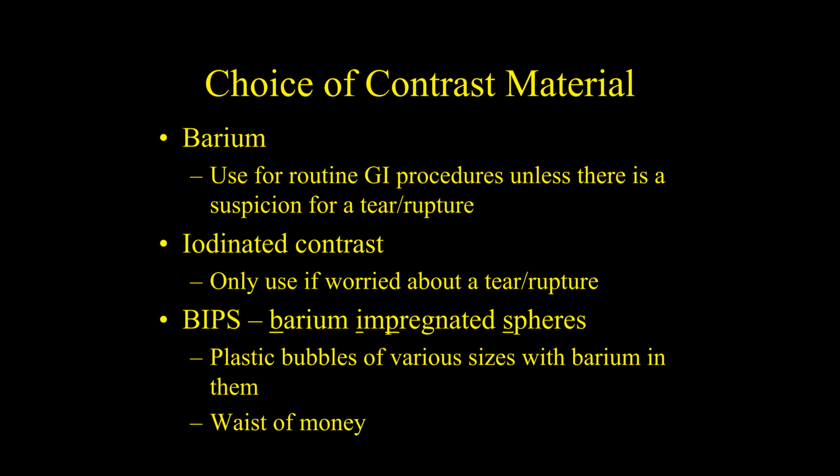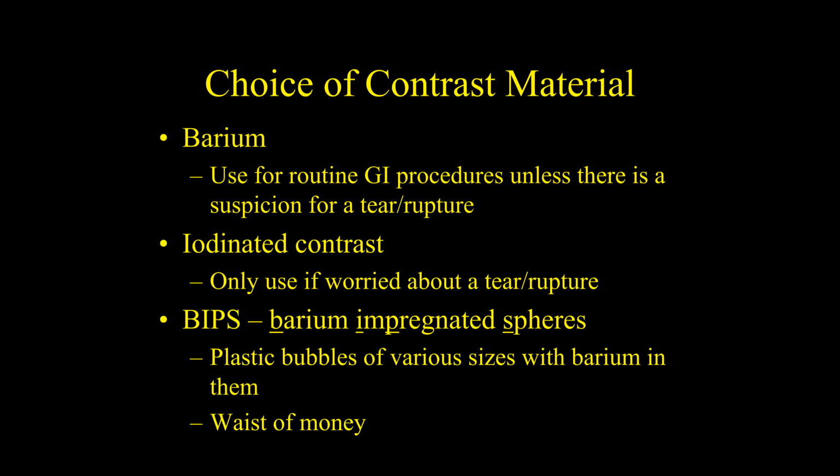Once you give a couple of these capsules, they go into the stomach. The capsule dissolves away like any capsule, and then it unleashes the barium impregnated spheres into the stomach. Some of these spheres may be 2 millimeters in diameter, some may be a centimeter in diameter, so they're varying in size.